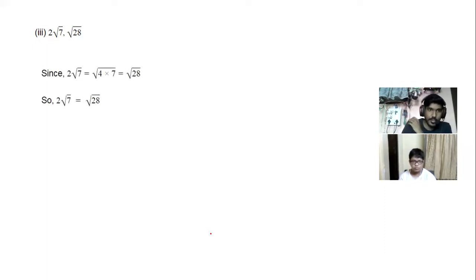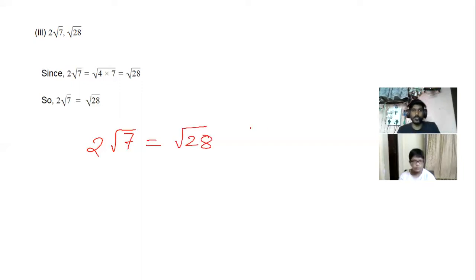I got root 28, so they are equal. Both the surds are equal. So your final statement will be 2 root 7 is equal to root of 28. This should be your final statement.